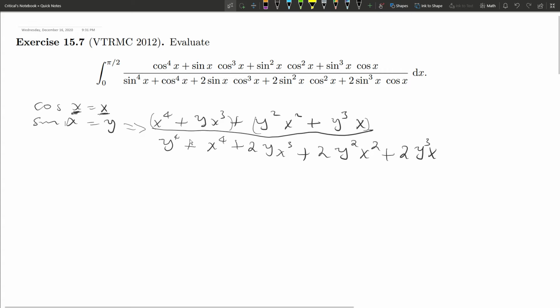Okay, so when we write the integrand in terms of x's and y's, we get this thing, and we'll try to simplify it as much as we can.